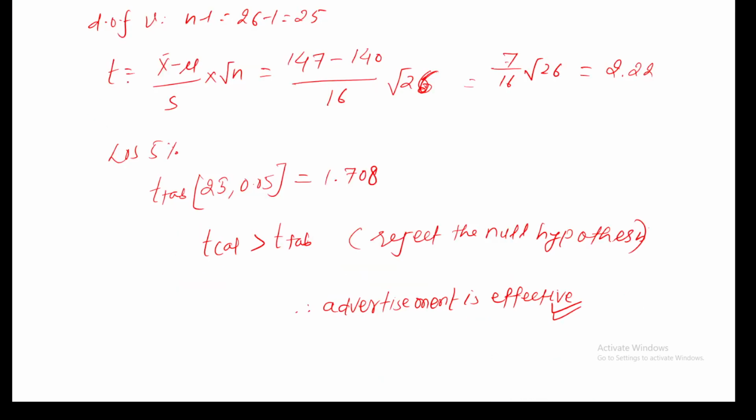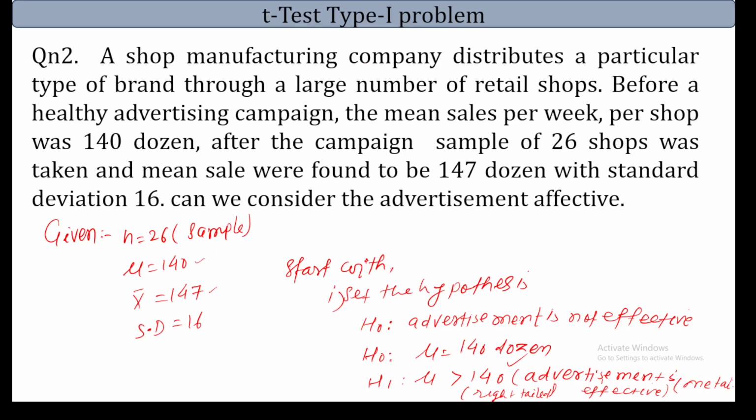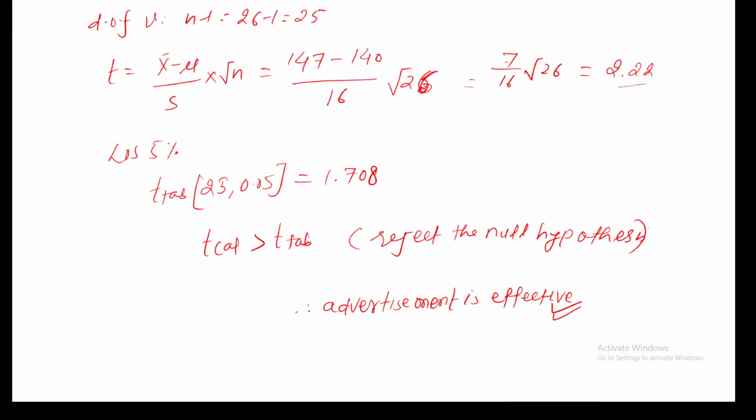Now the degree of freedom is n minus 1, so you will get 25. Then you can calculate the t value, t calculated, and you will get 2.22. Here the level of significance is not mentioned. If it is not mentioned in the question, you can take the 5% level of significance.